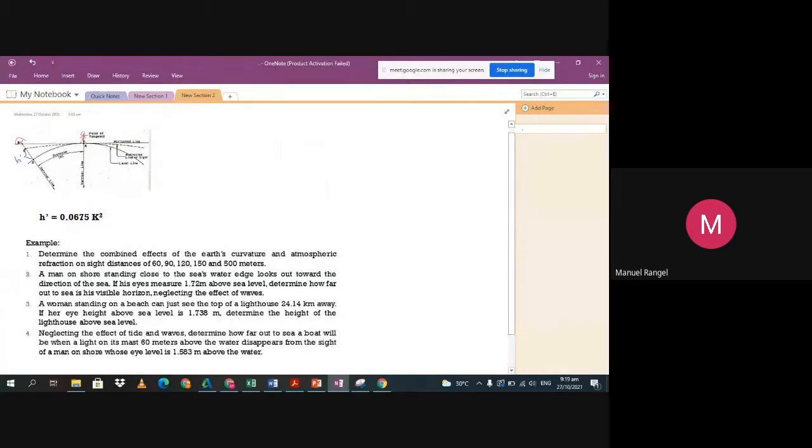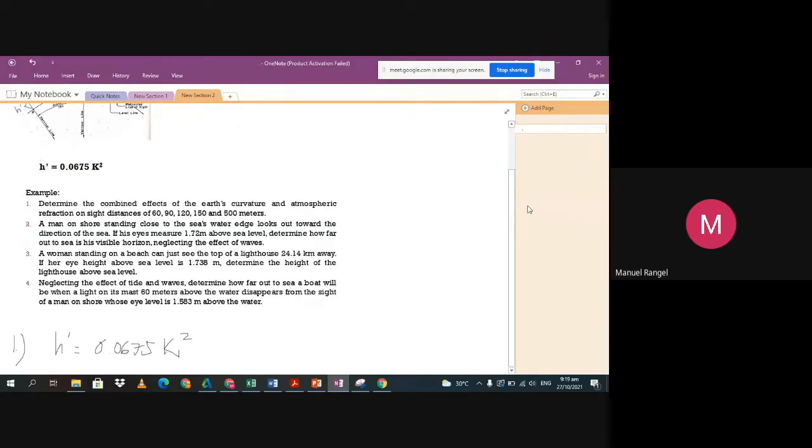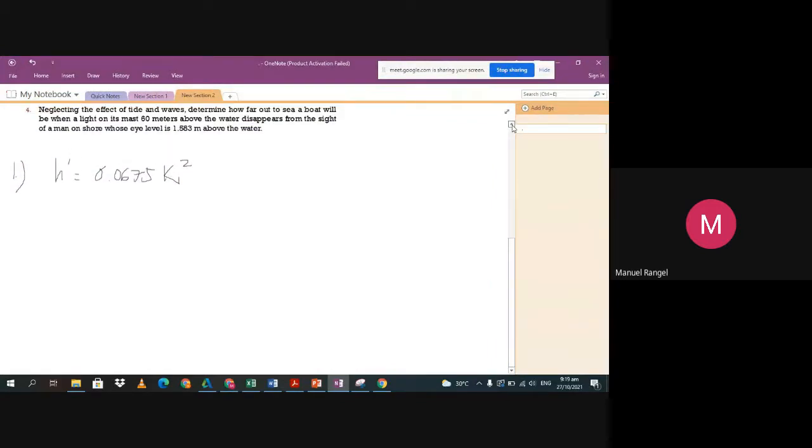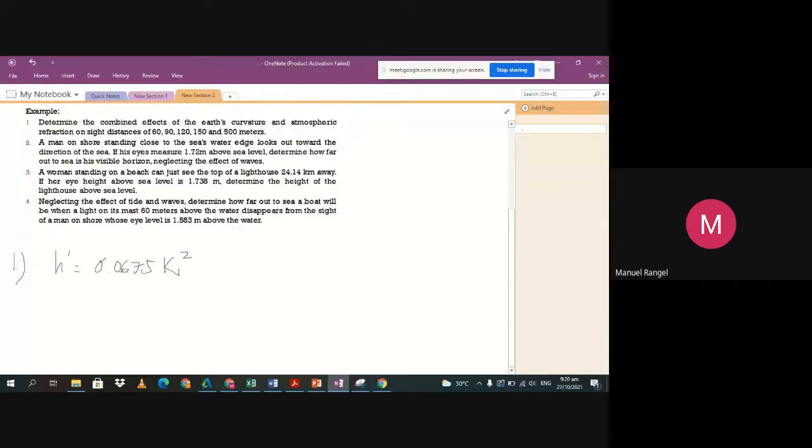So, klaro ang K, ang distance K is kadang sa point of tangency sa Earth curvature to the line of sight. No? So, for number 1, 60 meters. So, H at 60 is equal to 0.0675 times 60.